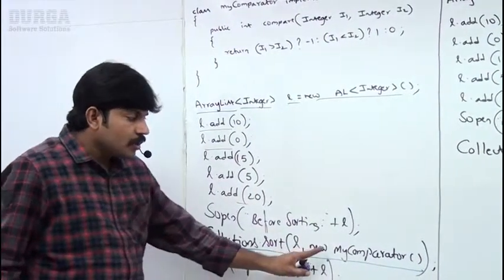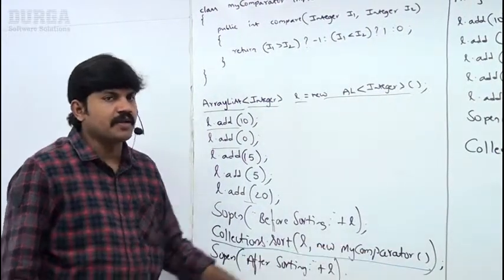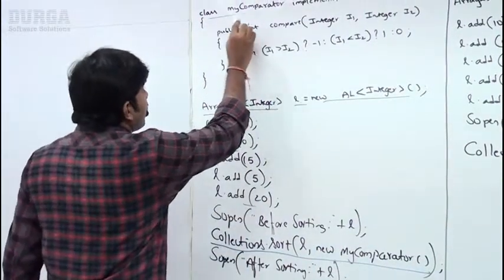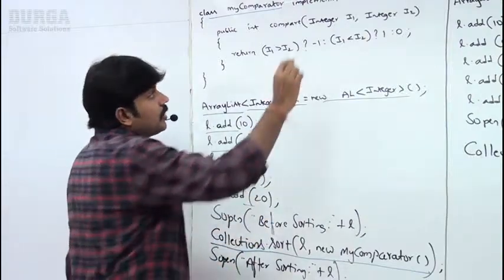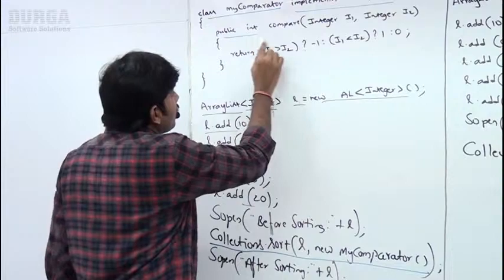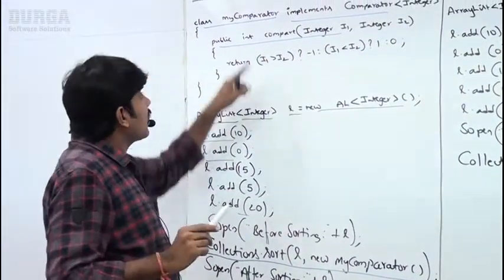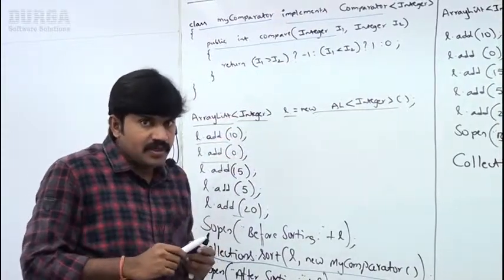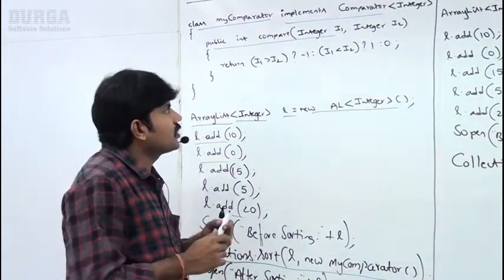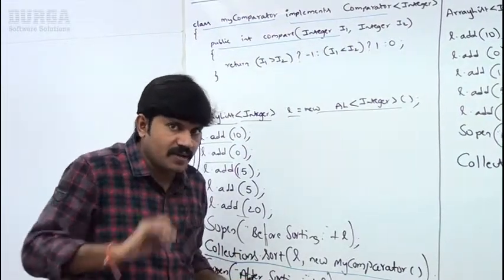Collections.sort(L, new MyComparator()). I have to write a separate class MyComparator that implements Comparator. Next I have to implement the compare method, like this. Now the Comparator interface contains a single abstract method compare, which is a functional interface, right?